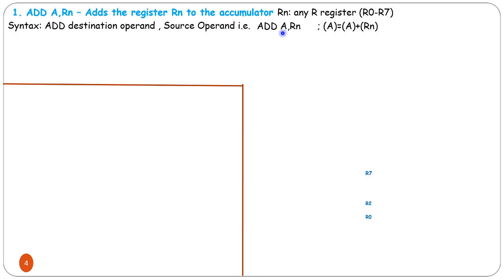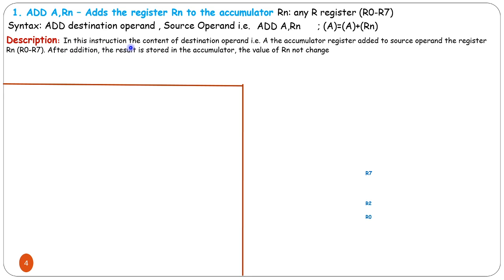Here A is the destination operand and Rn is the source operand. The content of the source operand is added to the accumulator content and the result is stored in the accumulator. The content of the accumulator changes; the Rn register content does not change.